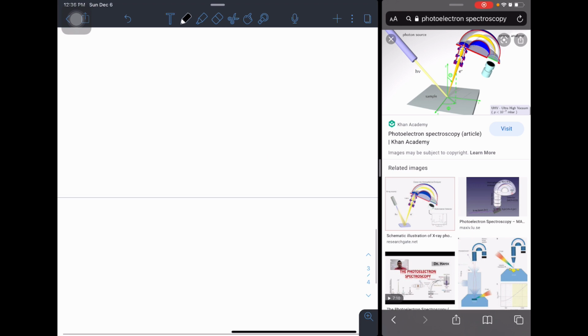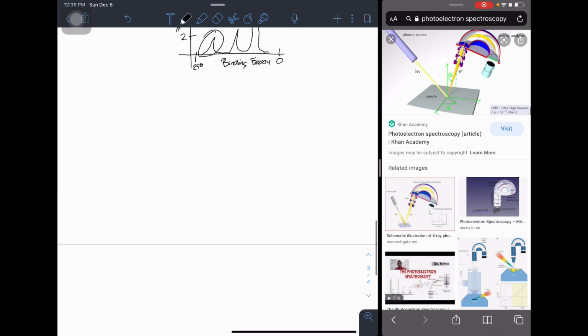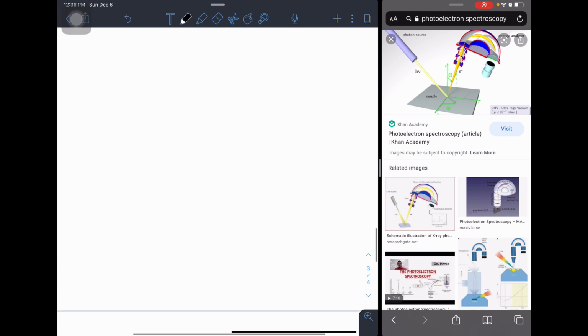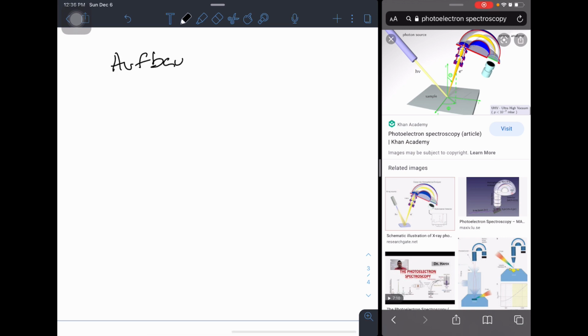Moving forward, we have some rules about electron configuration. So we have the Aufbau principle.